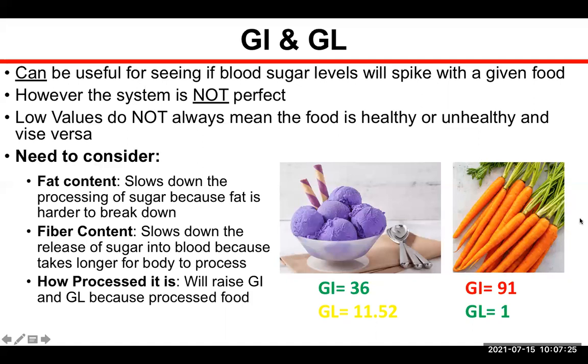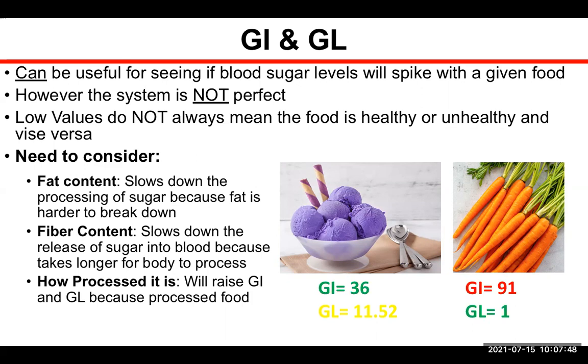Now, when we look at a very healthy carrot that has a lot of nutritional benefit to us, and measure it based off the glycemic index, it has a glycemic index of 91, which indicates that it's bad for you. But you're not typically eating 50 grams of carrots. You're only eating like one or two.